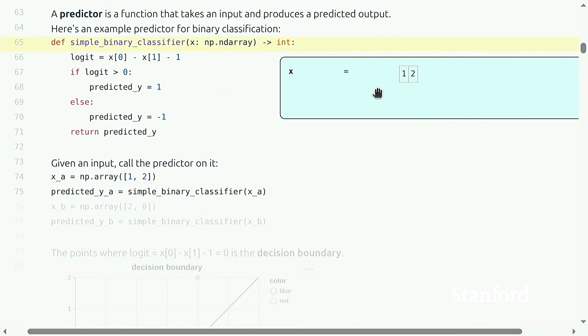This is just an example. It might take the first component, subtract the second component, and subtract 1. So 1 minus 2 minus 1 is -2. Then if this is greater than 0, I predict 1. Otherwise, I predict -1. So in this case, I'm predicting -1.